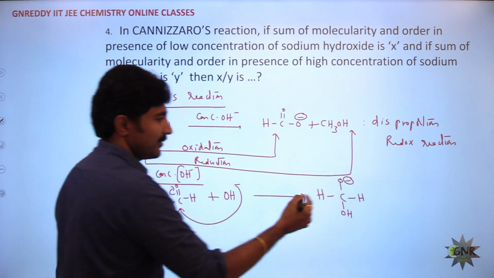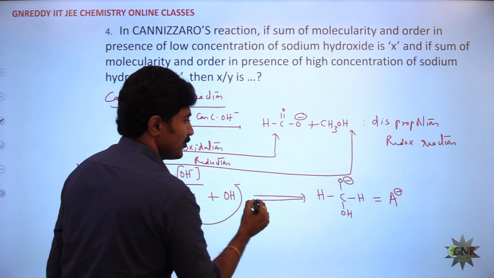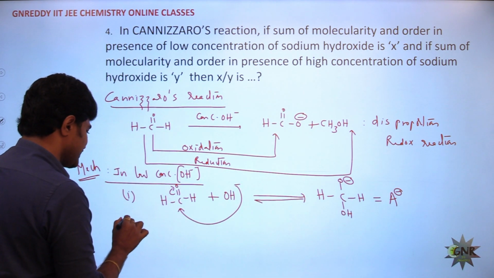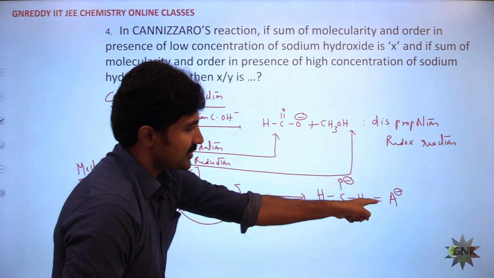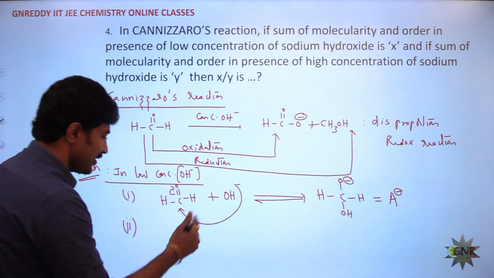Let this be one anion, let this be A minus. Here this is almost in the equilibrium stage. In the second step, from this anion, hydride transfer takes place to the second formaldehyde molecule.